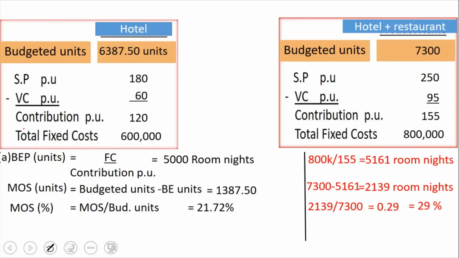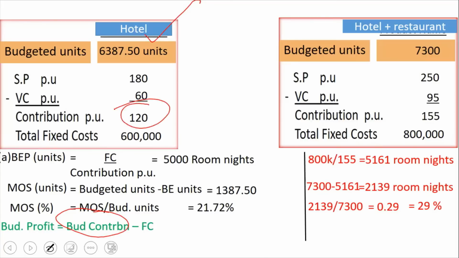Now the final calculation that we have to do is we have to find out the budgeted profit for the hotel only and the budgeted profit for the hotel and restaurant. And then we can make the comparison. So what is budgeted profit? Budgeted profit is budgeted contribution minus the total fixed cost. So for the hotel only, the budgeted contribution is given by 120, that's the contribution per unit, multiplied by 6,387.5 units, minus the fixed cost of 600,000.